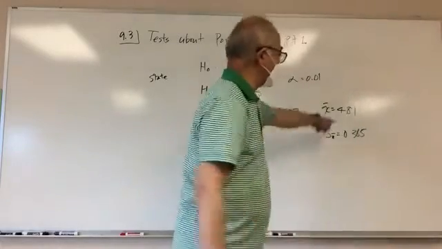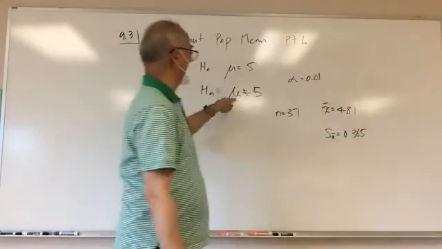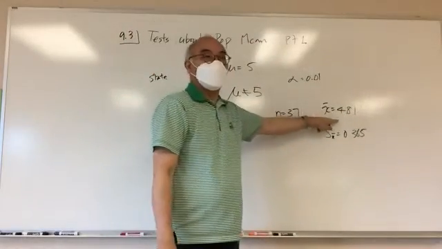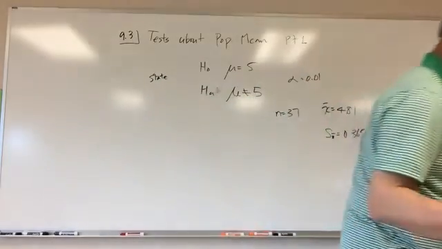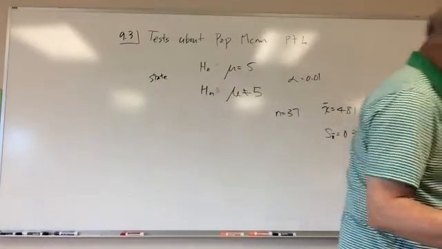A, explain why this sample gives evidence. Why does this give evidence for Ha? Because it's not 5, right? Obviously, 4.81 is not 5. B, calculate the standardized test statistic.